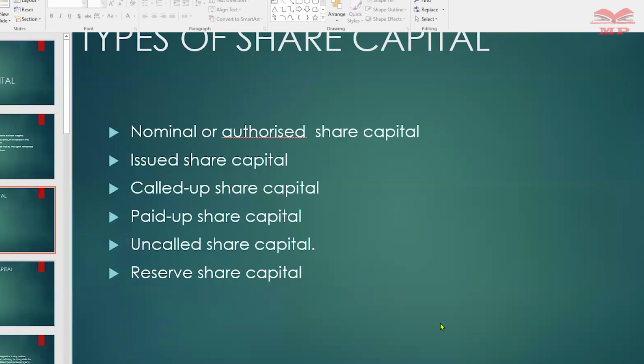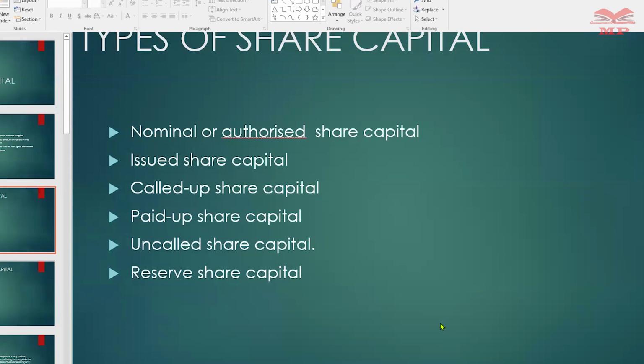Where you're called up to pay, it's normally equal. But again, issues may arise whereby those called up to pay are unable to fulfill the obligations, probably due to the current status of the economy, or maybe a change of mind that was not indicated to the register of companies. So ideally, called up share capital should be equal to paid up share capital.